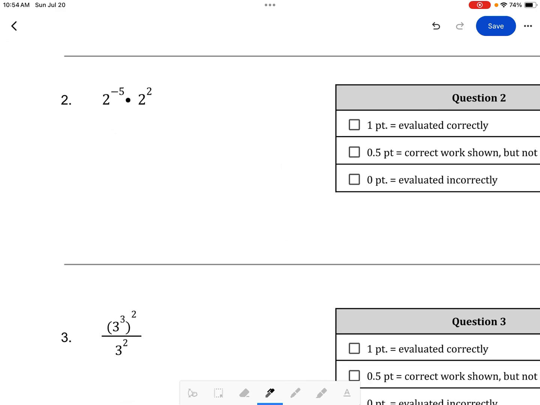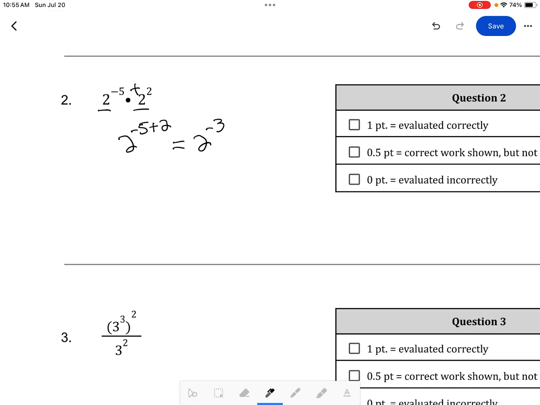Number 2, again, I'm multiplying like bases. My bases are both 2's, which means I'm going to add the exponents. So this is going to be 2 to the negative fifth plus 2. I know that negative 5 plus 2 gives me negative 3. So now I have 2 to the negative 3. Now I can't have a negative exponent.